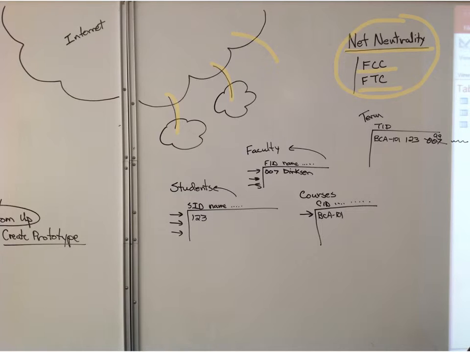The ISPs and those tier 1 providers can't decide that one group, this group here gets good access and this group gets lousy access. We'll talk more about that as we go along.